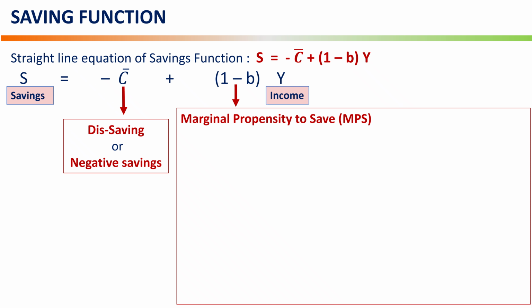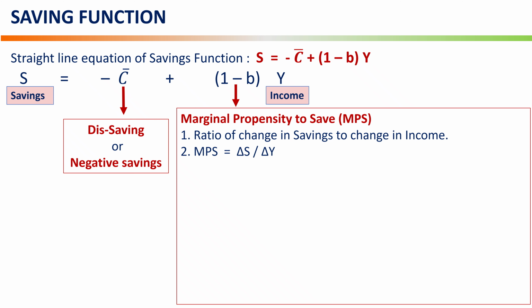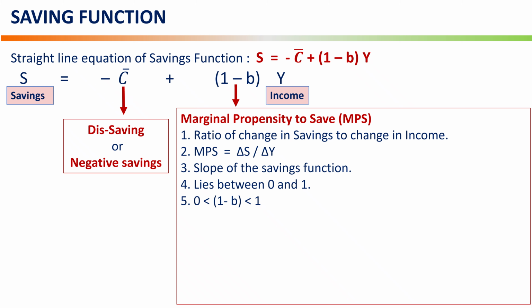1 minus b is marginal propensity to save, MPS. It's the ratio of change in savings to change in income, and its formula is MPS is delta S upon delta Y. MPS is the slope of the savings function, and its value lies between 0 and 1.